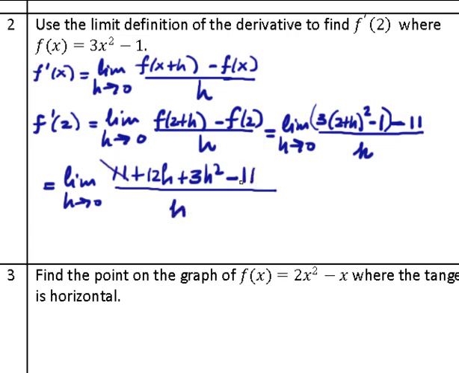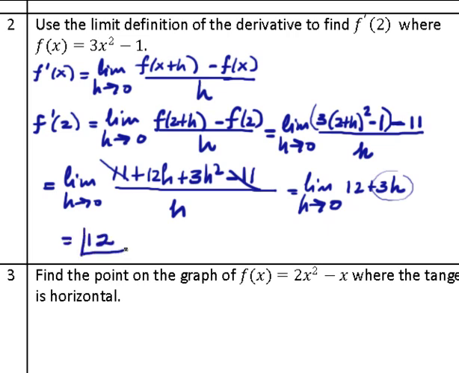So these 11s cancel. And now dividing by h, we have the limit as h goes to 0 of 12 plus 3h. And then when we send h to 0, this term goes to 0, and the answer is 12. So that's equal to f prime of 2.